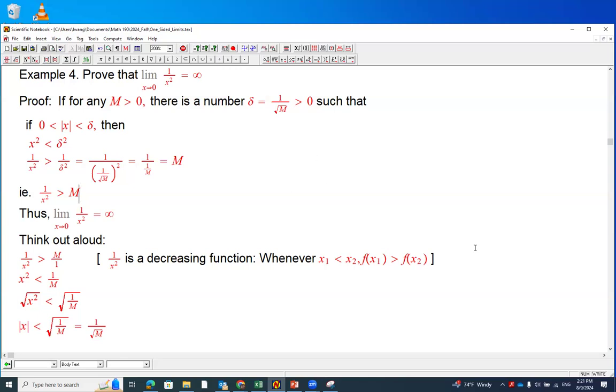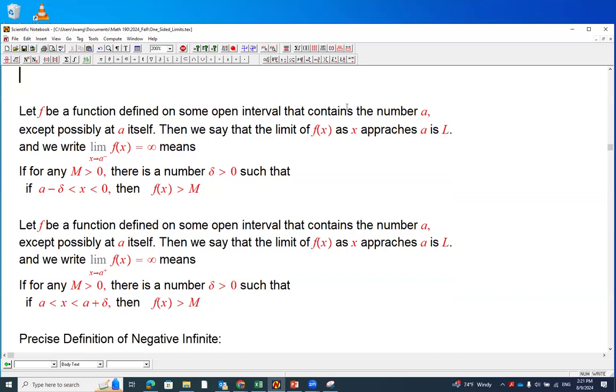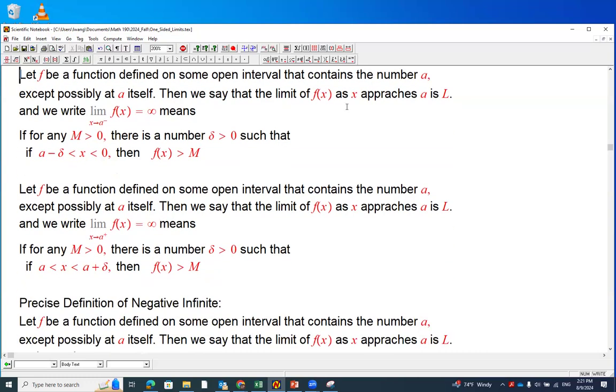Okay. Two more definitions. Oh, actually, there's more. F is defined on some open interval. Oh no, sorry, this is not negative infinity.